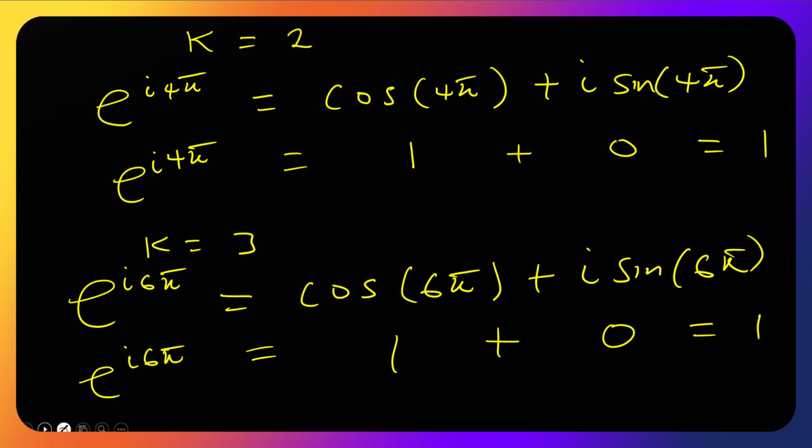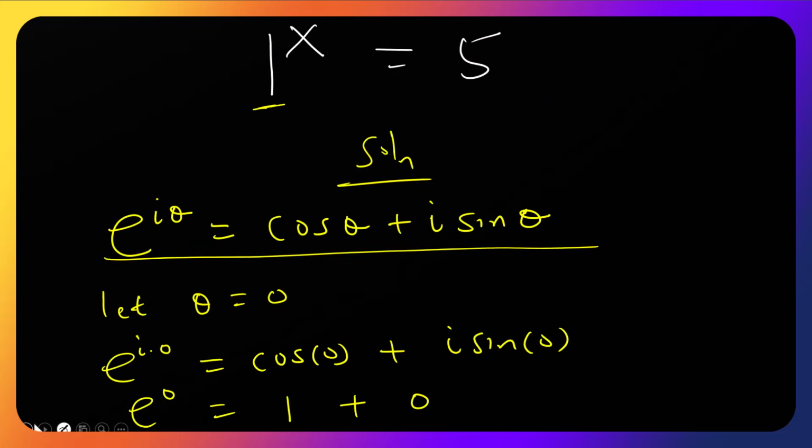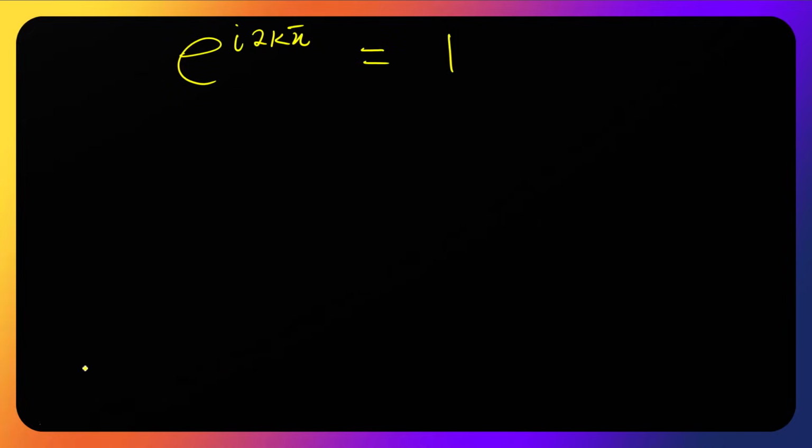So in short, e raised to i 2k pi is the same as 1. Now the question is solved. So we conclude that e raised to i 2k pi equals 1. So we have the question as 1 to the power x equals 5.